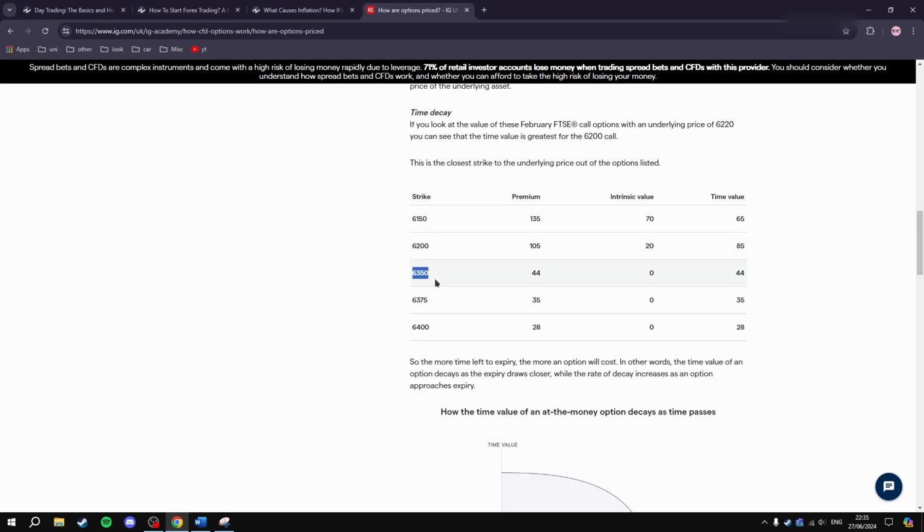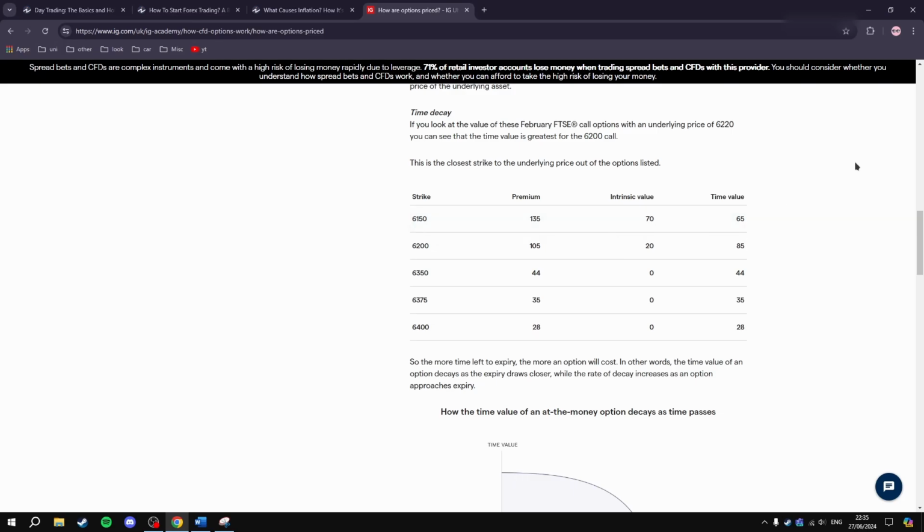This one is 70 points away, and this one is 130 points away. So that explains why it's got the highest time value. Premium, oh, you just add them up.